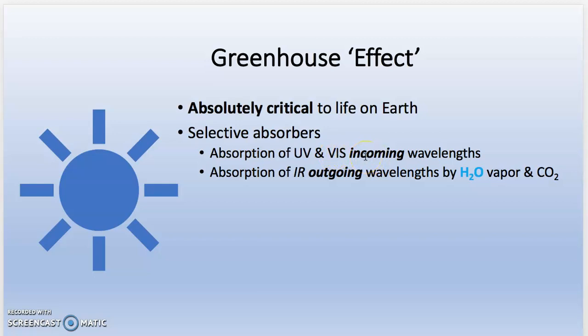So that atmospheric window is part of the greenhouse effect and is critical to life on Earth. In addition, the atmosphere features those selective absorbers that absorb outgoing wavelengths of IR from the Earth and help to keep the Earth warmer. We couldn't live without water vapor and carbon dioxide and their emissions of infrared ping-ponging back down to the Earth's surface.